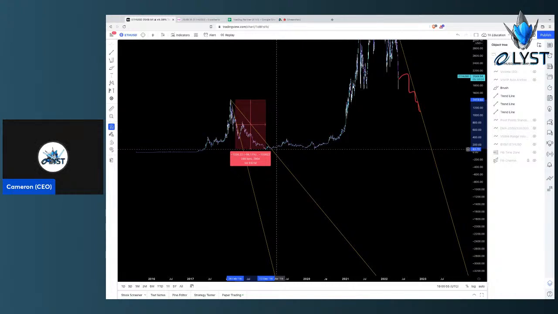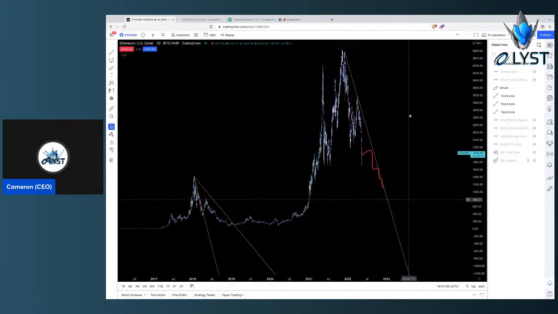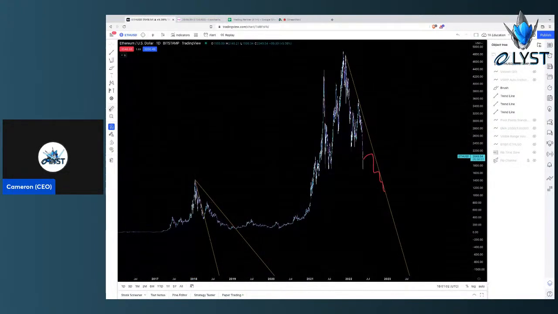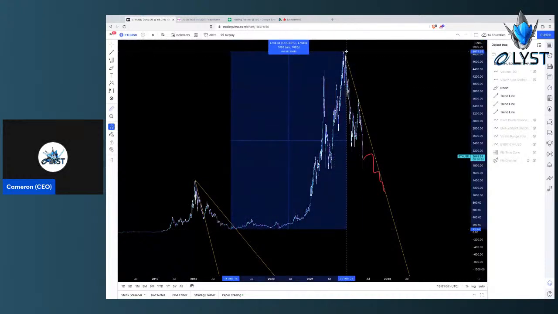That's pretty shit. But does that mean that all hope is lost? Being down 94% from the high and then putting up 5,700% from that, that's a pretty good 57x, not too bad.